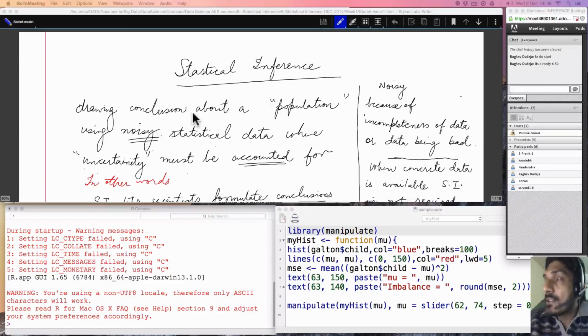So what do I do? I say, okay, let me pull out some sample data which is representative of the population. Take the average of the heights of this sample data, and then I say this sample's average height is representative of the population height.